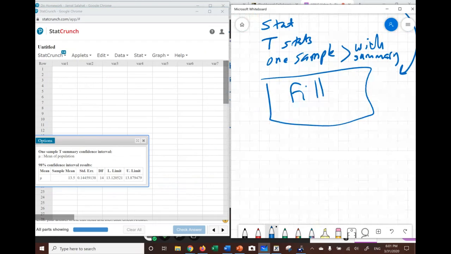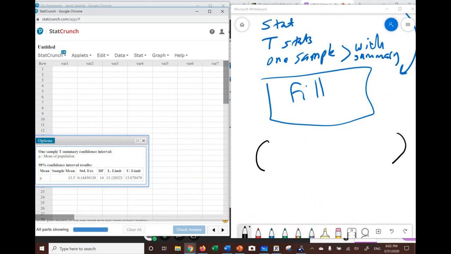So what is the interval that I will get? The left is 13.12, comma, and the right is 13.88. So that is the interval that we have.